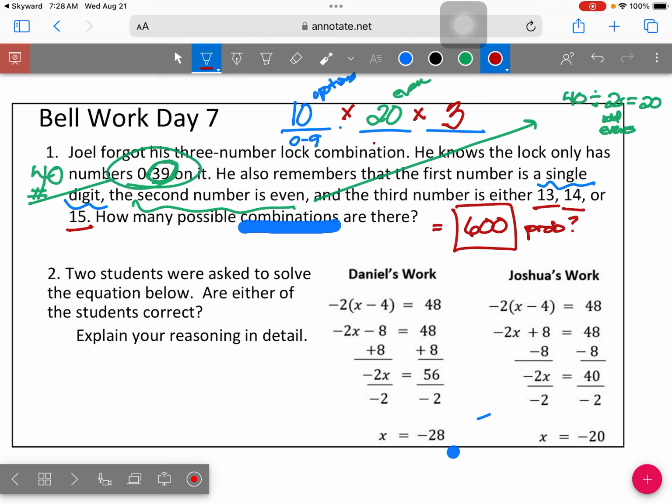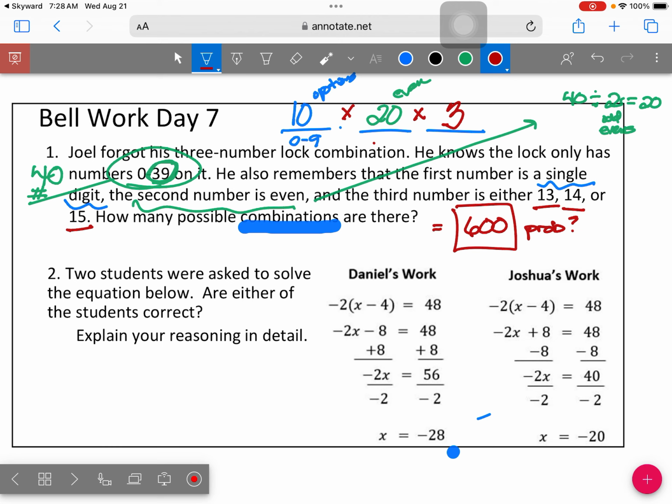Joshua distributed correctly that -2 times -4 equals the +8. Something like that. Okay? Any questions about that?